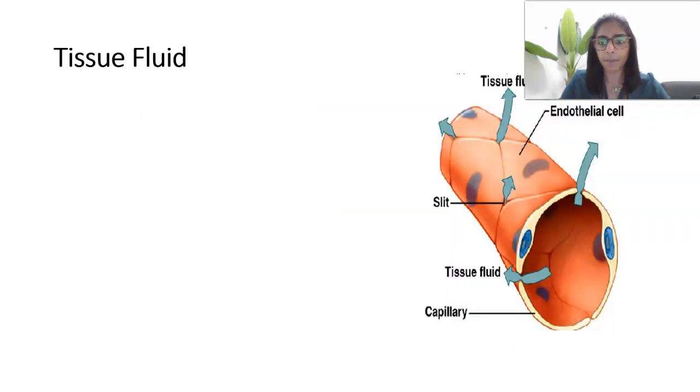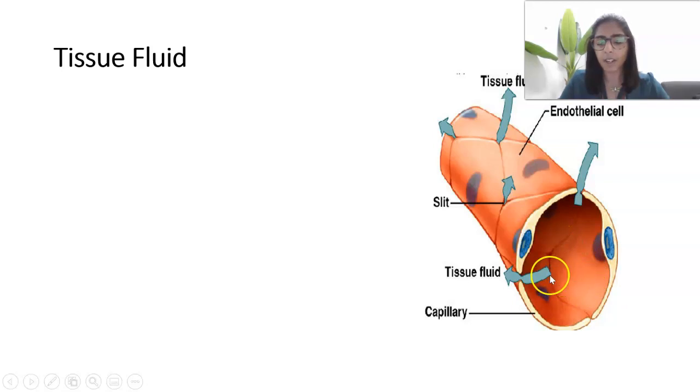So if we look at this image here, we can see that this is a capillary because it's one cell thick and it's only got those epithelial cells as the lining. What's actually happening here is at some point further back there was an arteriole, and it's forcing fluid through at high pressure, and the effect that that has is filtration.